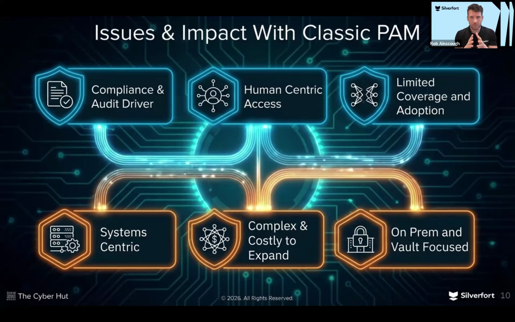We've taken the ball and run with it and stretched it from a limited compliance-based use case into much, much broader security use cases as attacker threats have changed over the last 10 years. And it's unfair to expect that a technology that wasn't designed for a particular thing can suddenly scale from tens of accounts to thousands of accounts, from human to non-human, and generate the outcomes that we're looking for.